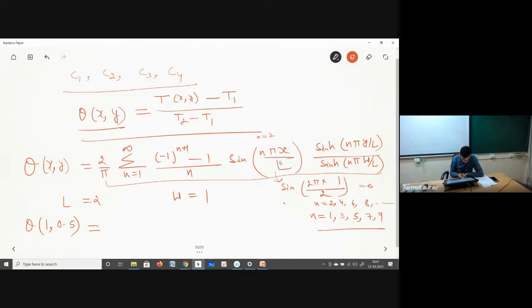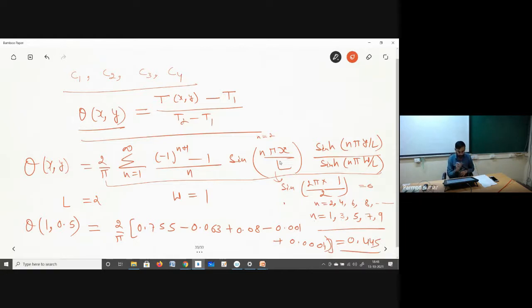So if I do so, I will finally find that my theta at 1 comma 0.5 is nothing but 2 by pi times 0.755 minus 0.063 plus 0.08 minus 0.001 and plus 0.0001. Okay, and finally this whole value comes out to be 0.445.